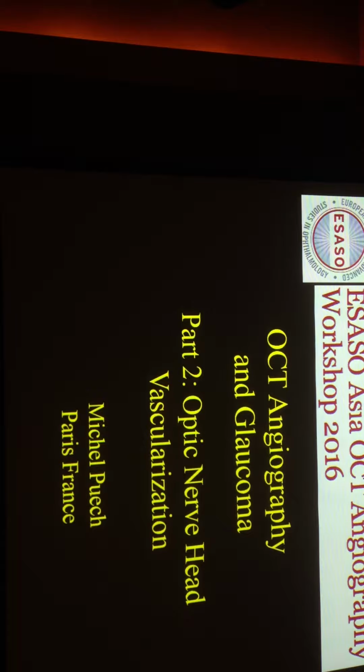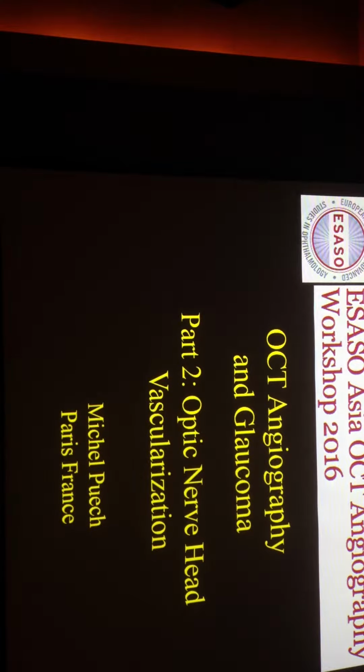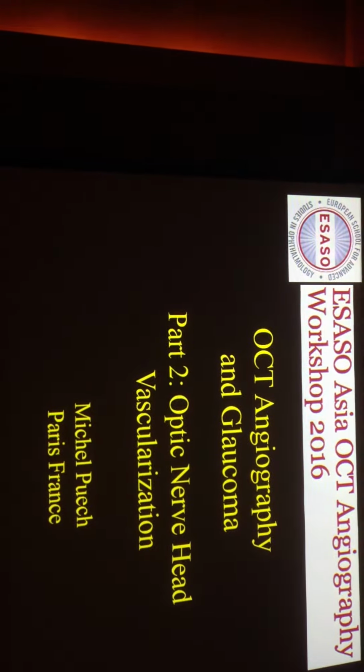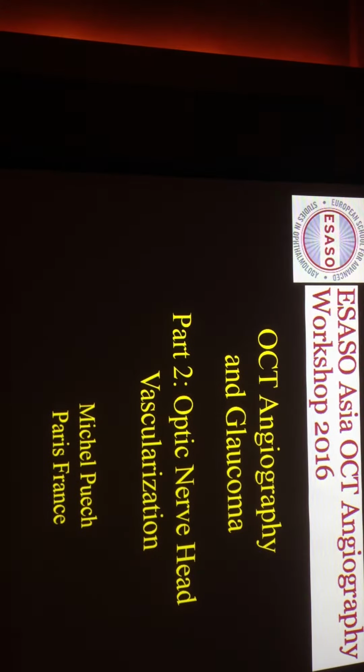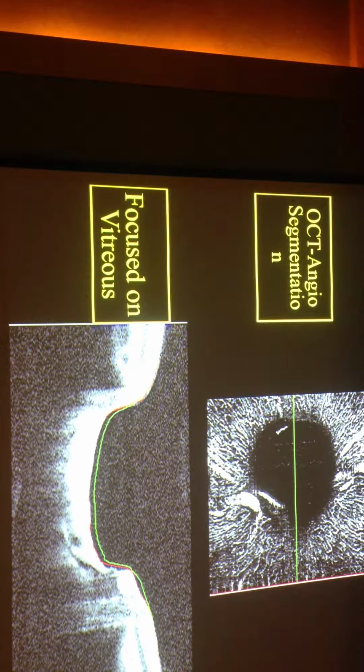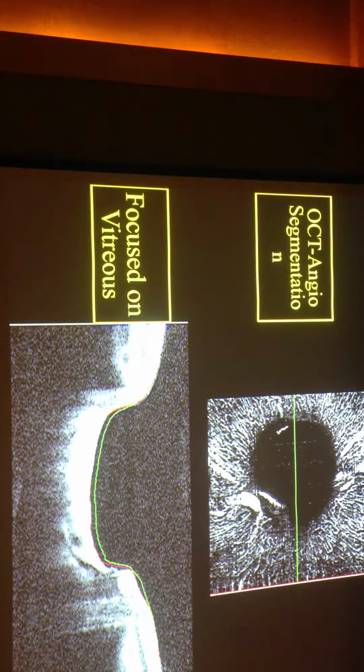But point number 2 on OCTA angiography is vascularization. And as we have focused this OCTA on the optic nerve head, we have observed that it's possible to obtain different segmentations in order to observe what happens in this part, the excavation of the disc.